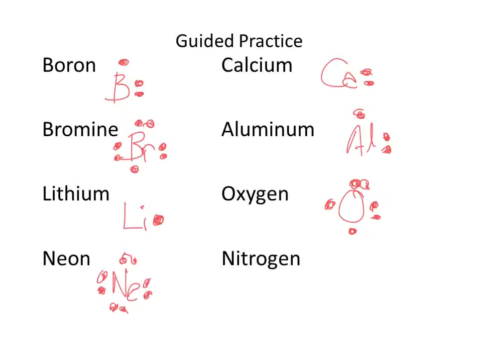And then the last one is nitrogen. Nitrogen is in group 15, therefore it has 5 valence electrons. The chemical symbol for nitrogen is N. 2 dots first, 1, 2, 3, and there you go. That's the end of that. So you've got a good example of how all this was done fairly quickly, and you should be able to do it now on your own.